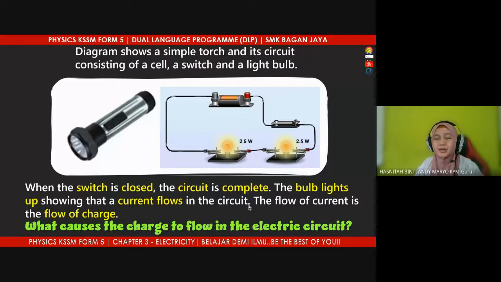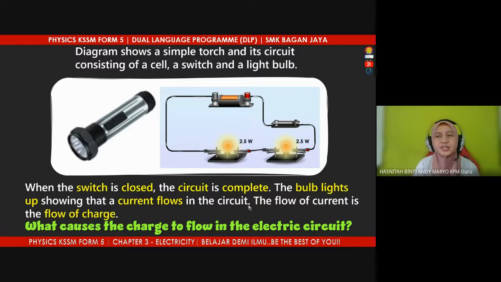Remember, current means rate of flow of charge. So when current flows, it means there is a charge flowing in the circuit. The flow of current refers to the flow of charge in a circuit.